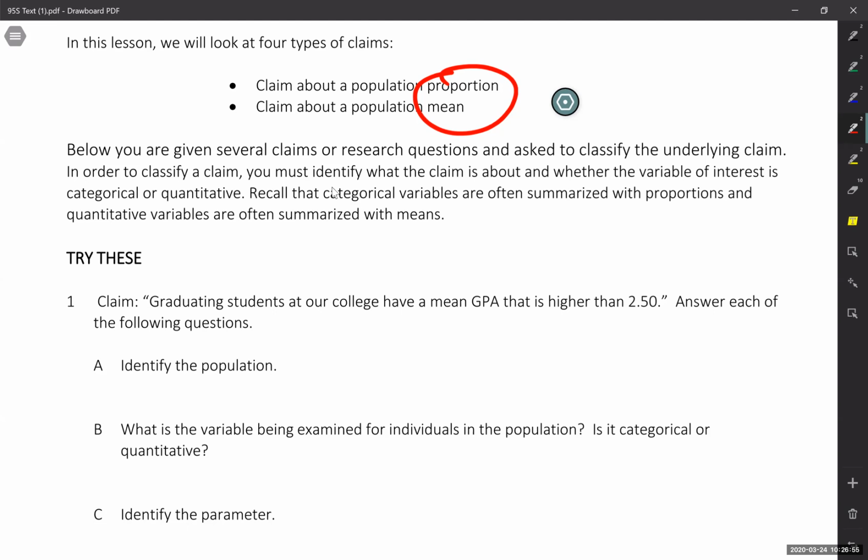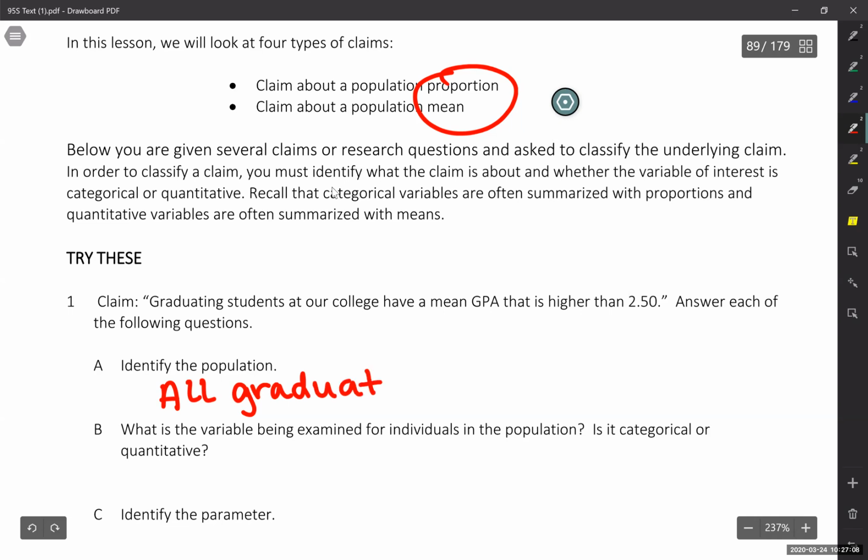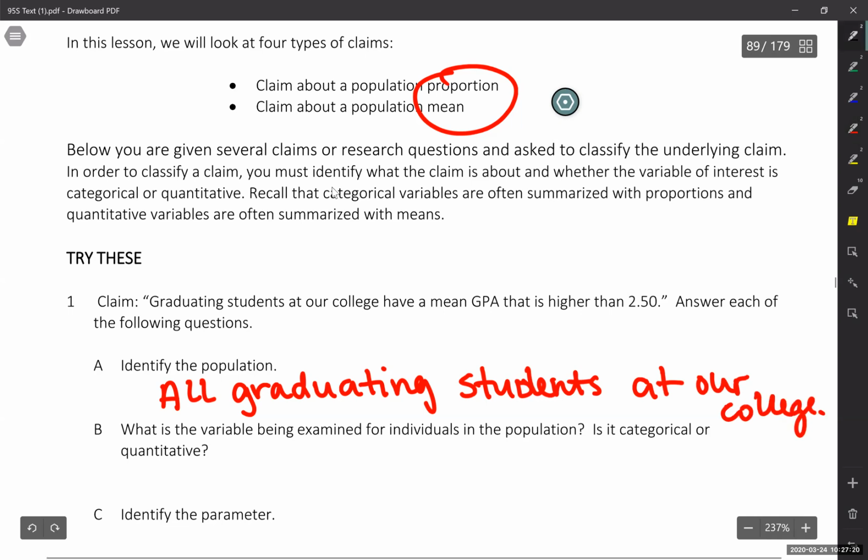So we're talking about graduating students at our college. So the population is going to be all graduating students at our college. The word all in there makes it the population.